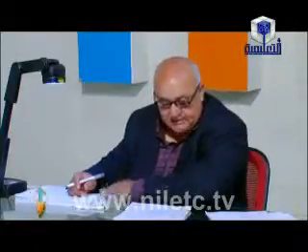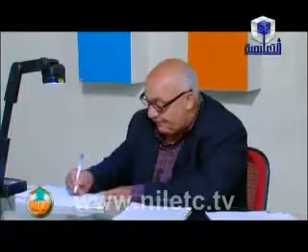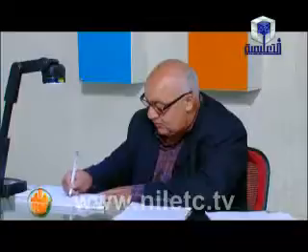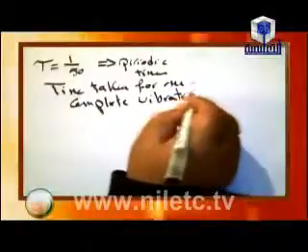And after this, what is meant by the periodic time equal to 1 over 50? T equals 1 over 50 is the periodic time. We know that the periodic time is the time taken for one complete vibration or one complete oscillation.